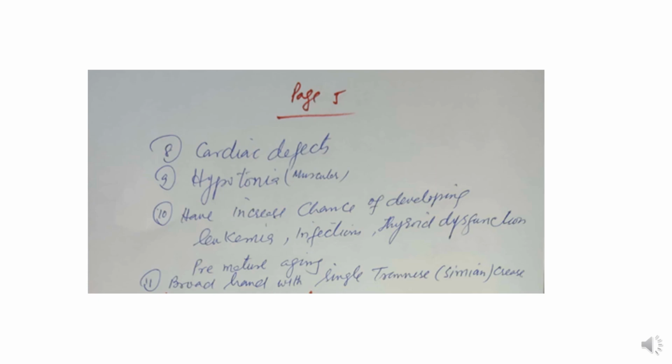Various infections occur, and thyroid dysfunction of the autoimmune type occurs, and premature aging, so they look more aged compared to their actual age. Broad hand with a single transverse simian crease.